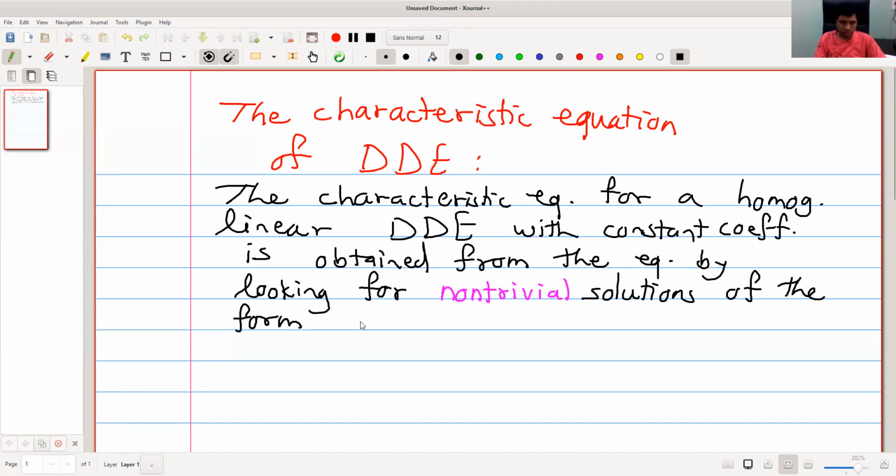e raised to lambda t into c. C is a constant. It doesn't matter if we just write e raised to lambda t.